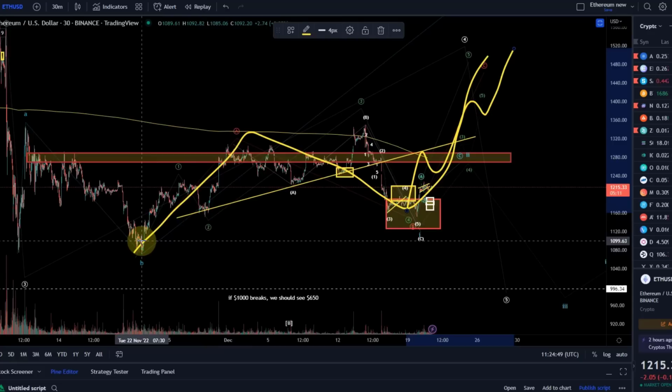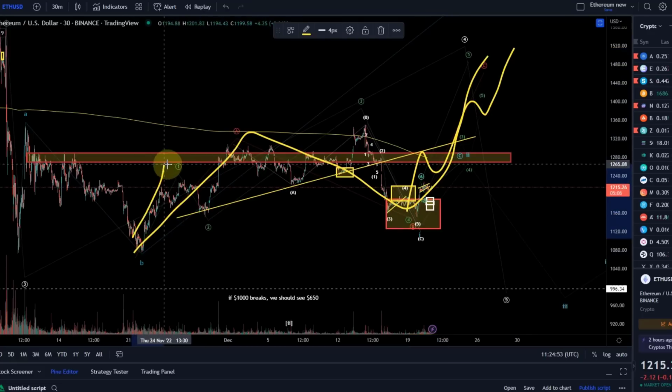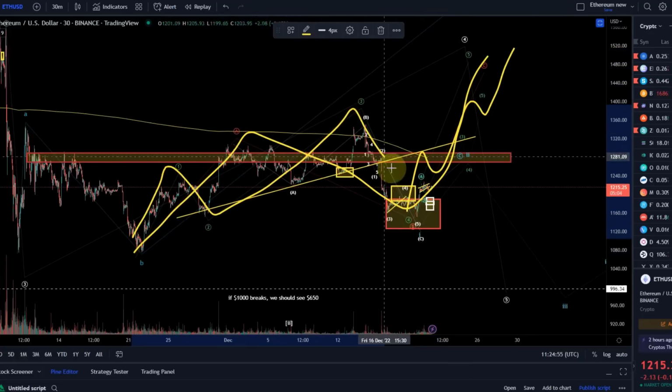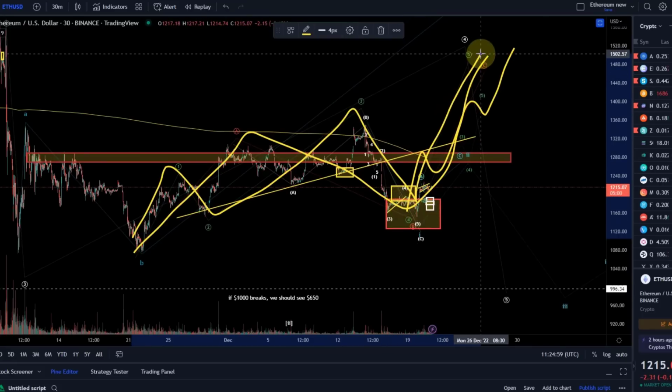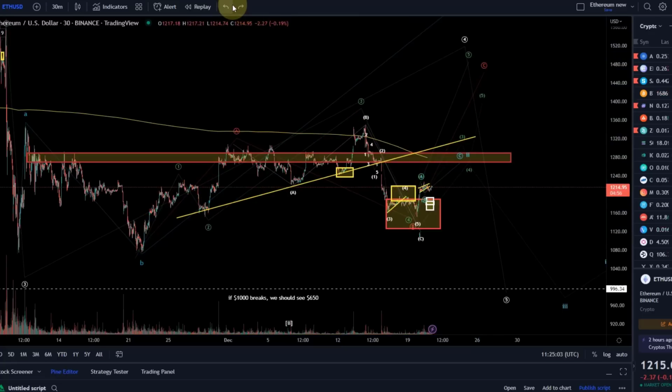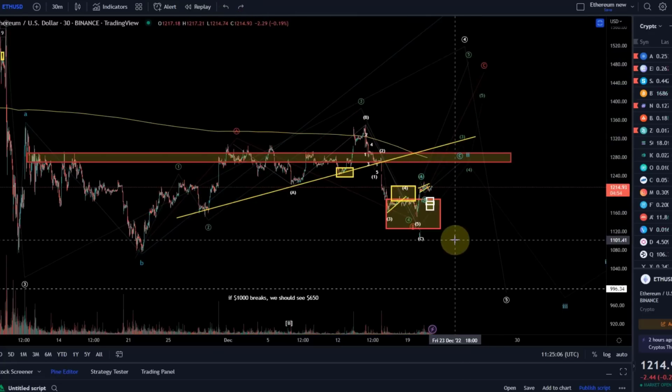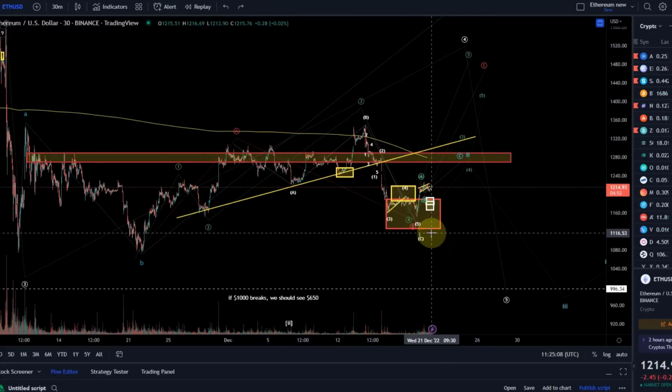I wouldn't even call them any different at the moment, because while they were a bit different here, as you can see, this is the green count, 1, 2, 3, 4. The 5th wave would also go up in 5 waves, reach a similar target around the 1450 level sort of range. Yeah, maybe we can specify that a bit further as we go higher.